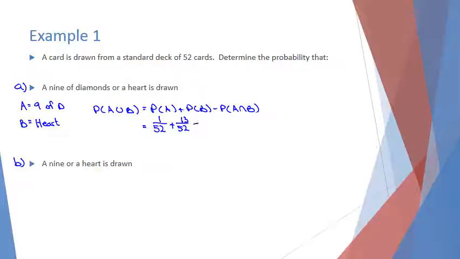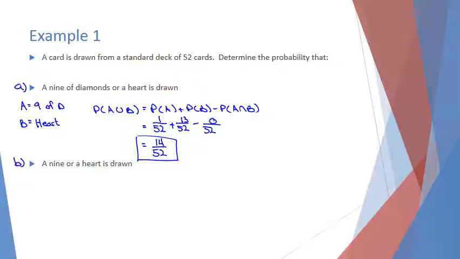And now, how many 9 of diamonds also happen to be hearts? There is no such thing as a heart that is also a 9 of diamonds, meaning those are mutually exclusive. So I can just go 0 out of 52, using whatever denominator I've been using. And when I add that up, I'd get 14 over 52. So the probability of pulling a 9 of diamonds or a heart is 14 out of 52.